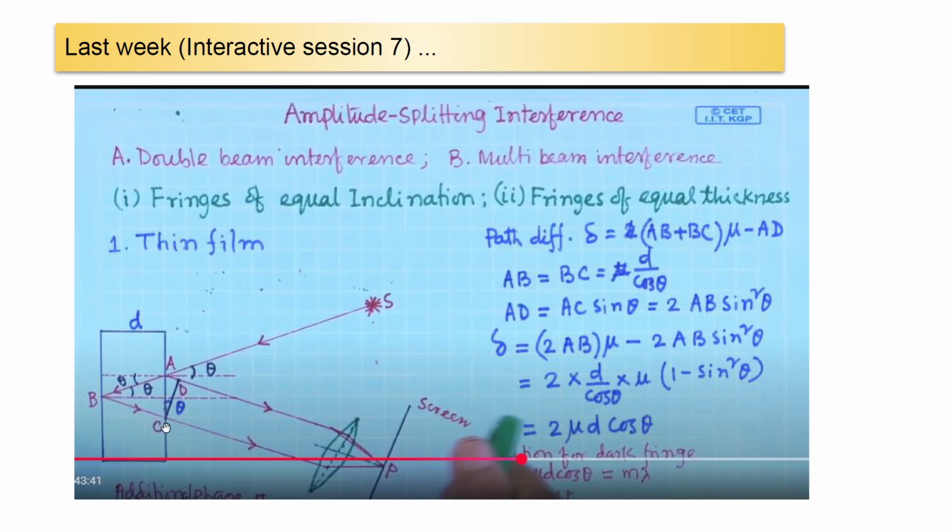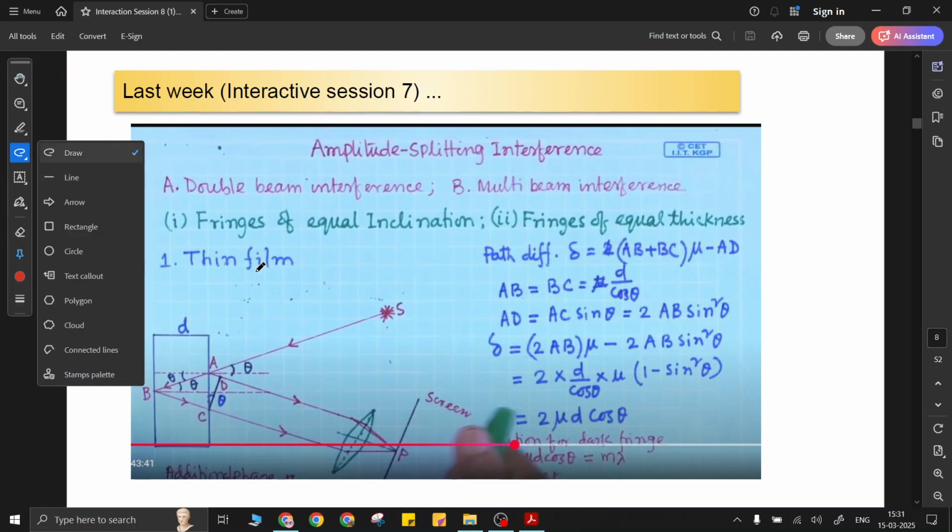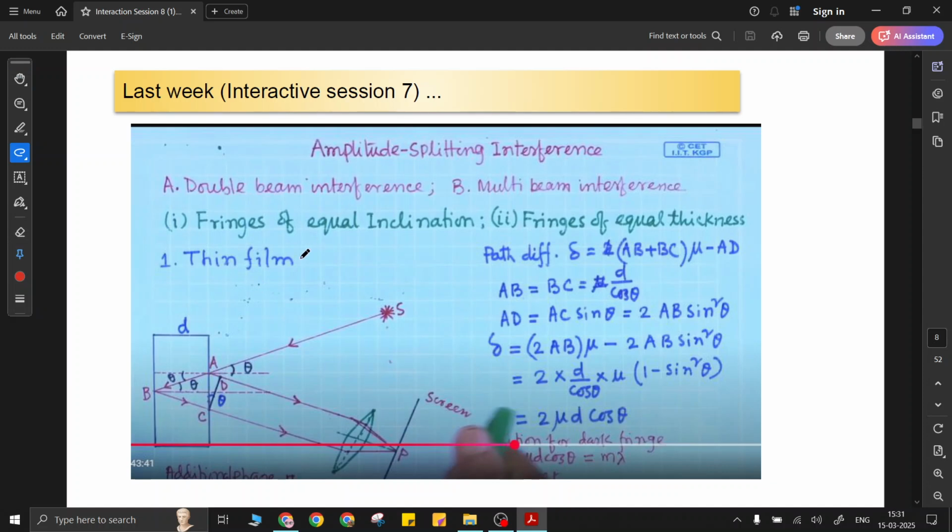Now AB and BC are equal distances, and they will be given by, if you see this angle of incidence, so this is the normal to this interface, and this incident light is at an angle theta.